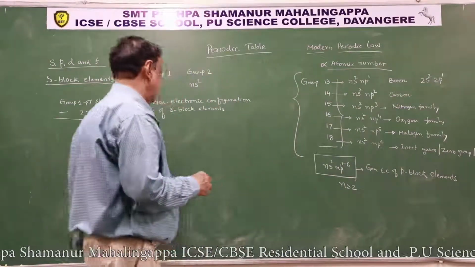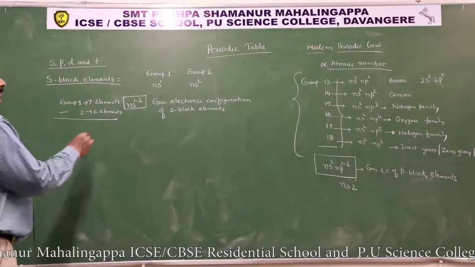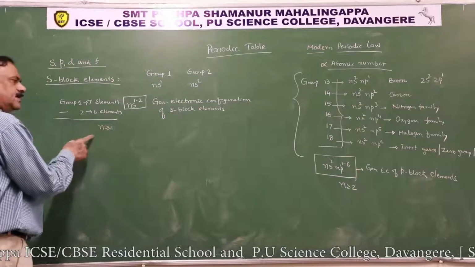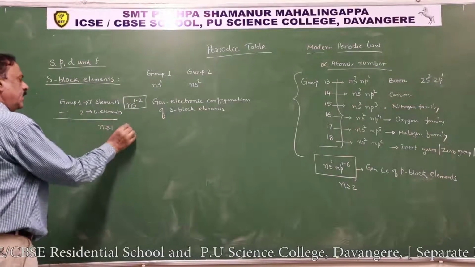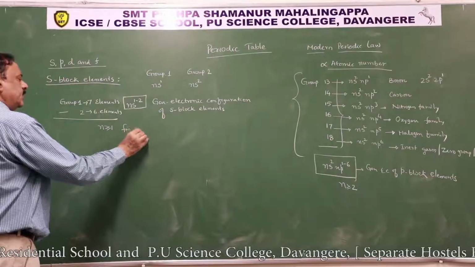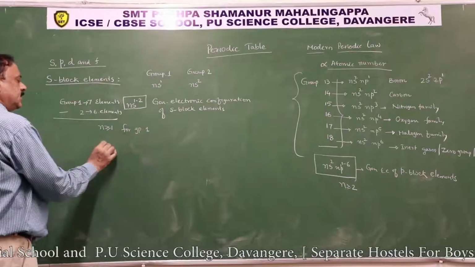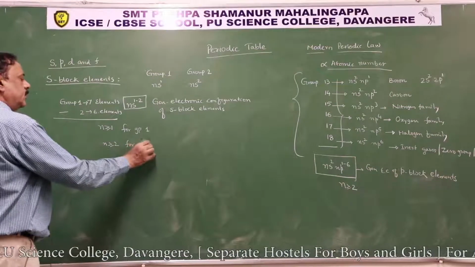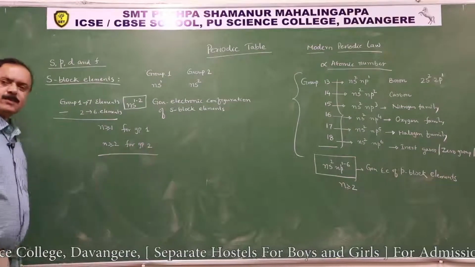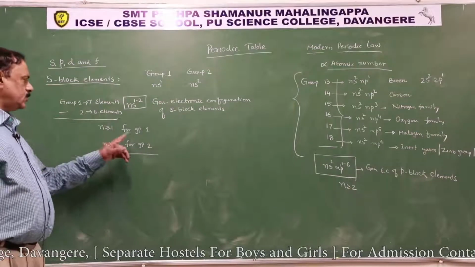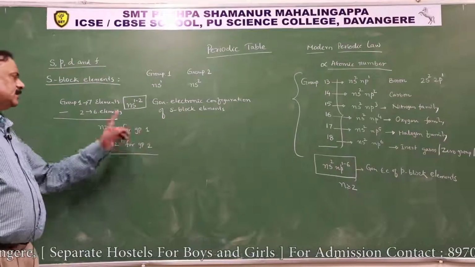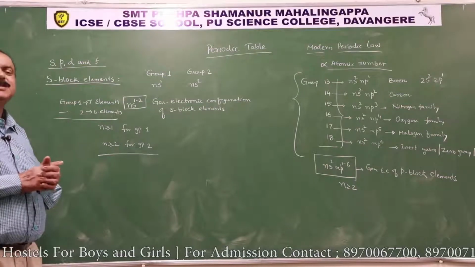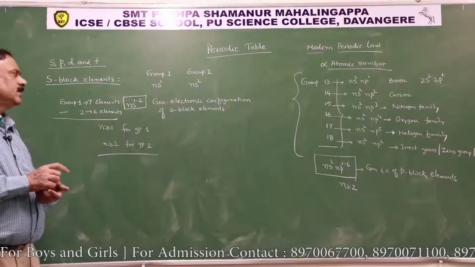Here also it is very important: n is greater than or equal to 1 for group number 1 elements, and n is greater than or equal to 2 for group number 2 elements. 1s2 is not there for group number 1 electronic configuration. That is the most precise form of representation of the electronic configuration.